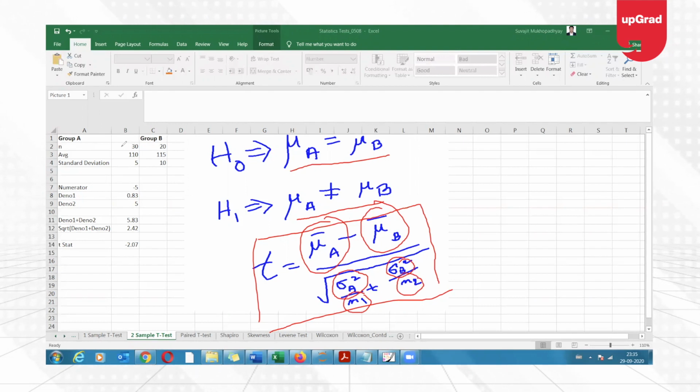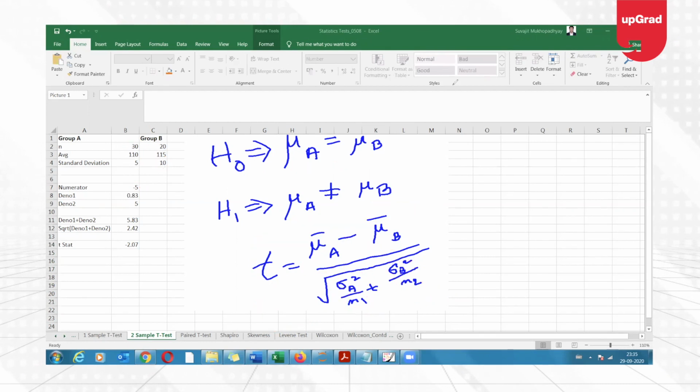So let's just plug it in and see what we have. In school A, we spoke to 30 kids. In school B, we spoke to 20 kids. In school A, the average is 110 with a standard deviation of 5. In school B, it is 115 with a standard deviation of 10. Now let's calculate this step by step. First, I have calculated the numerator, which is mu A minus mu B. So 110 minus 115, that is minus 5.